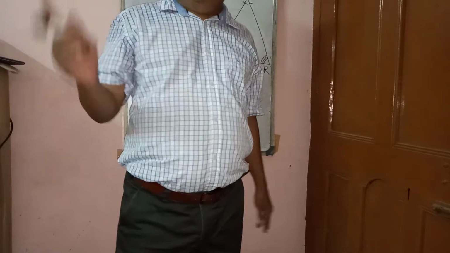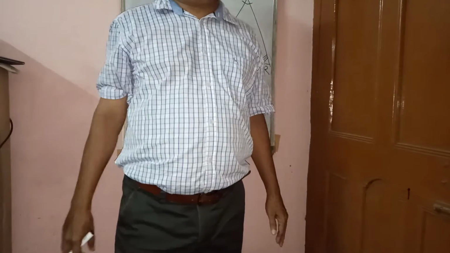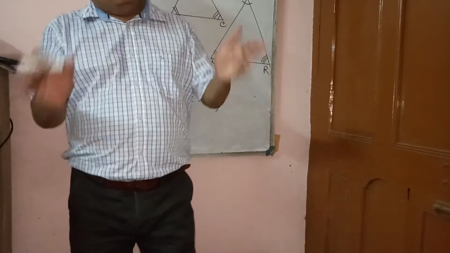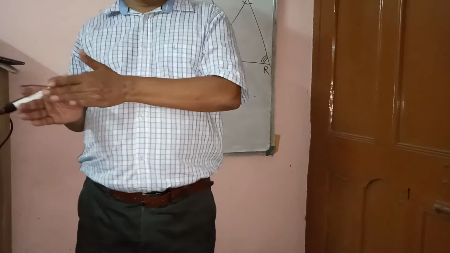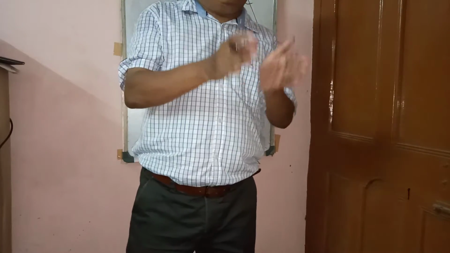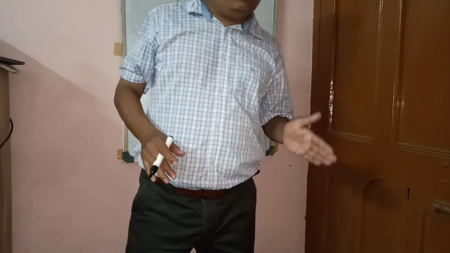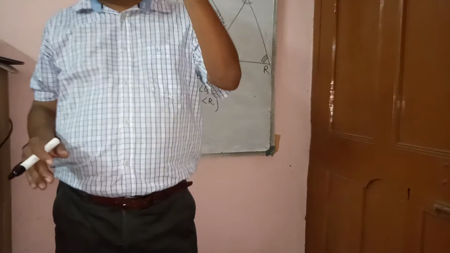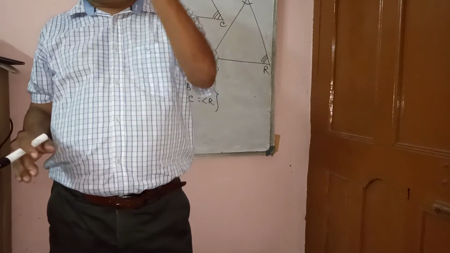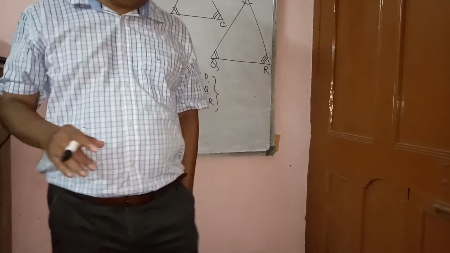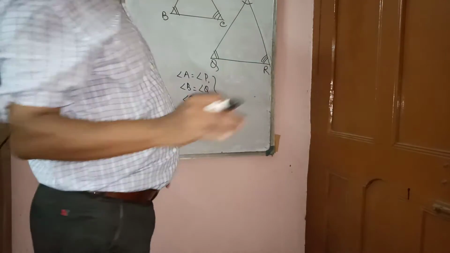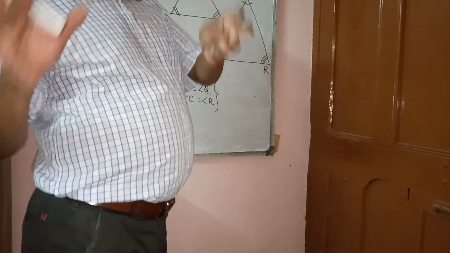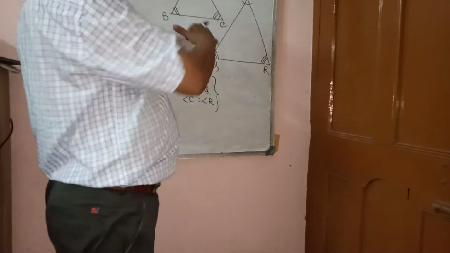Okay. Keep in mind, if triangles are similar, then we can say corresponding sides are proportional. See how to identify the corresponding sides.